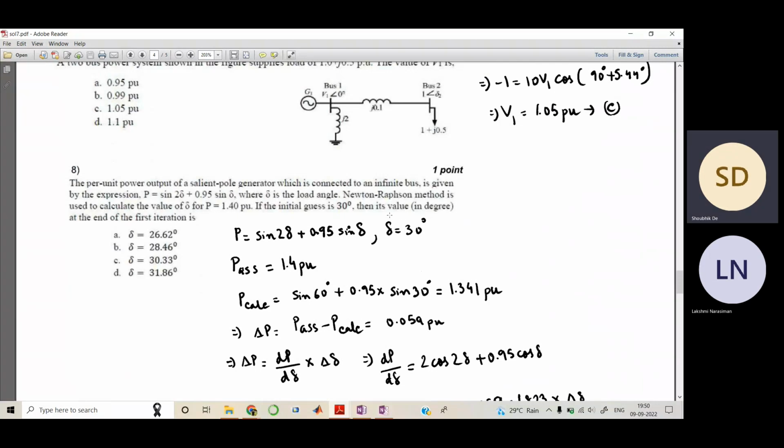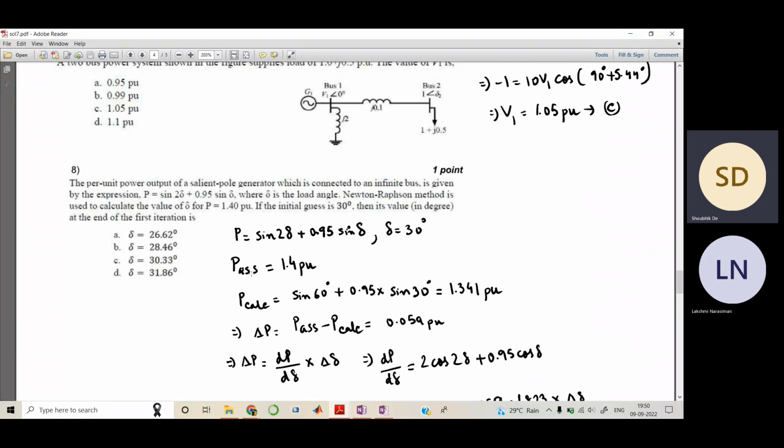If they haven't told anything, you may ask how many corrections to do, that is, how many times you add the delta x term in the Newton-Raphson method. Since they have asked at the end of the first iteration, you have to add the delta x term only once.